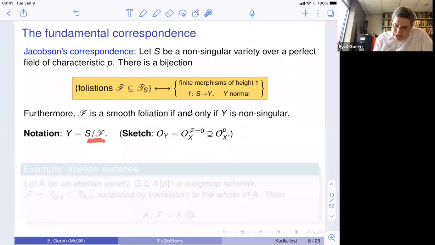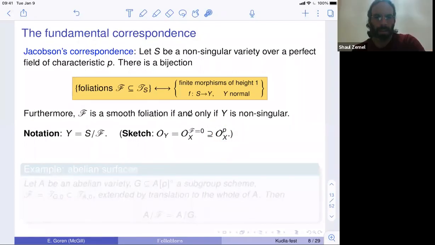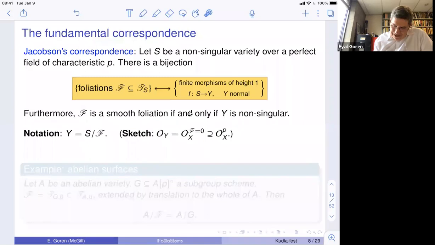Given a foliation, we'll denote this Y by S modulo the foliation. And just a sketch of how you get from foliations to Y. In some sense, O_Y is just the functions on O_X that are killed by all the derivations coming from F. This always contains the P-power functions. You have S and Y. What is X? Oh, I'm sorry. X is S, I guess.